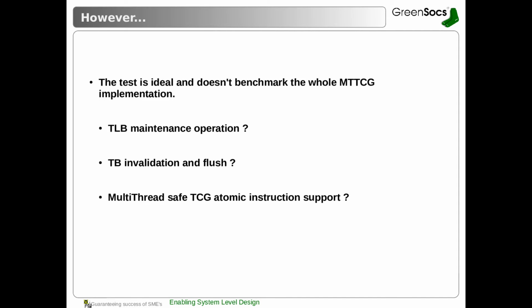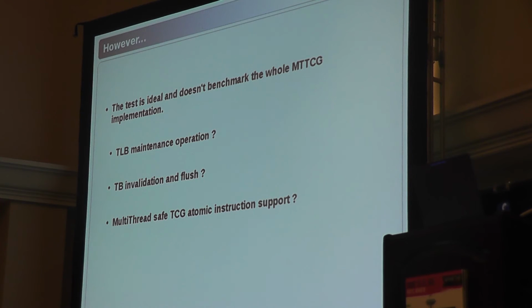However, the test is ideal and doesn't benchmark all the parts of MTTCG. For example, all the TLB maintenance operations, which are quite slow if we exit when we do that. Same for TB invalidation and TB flush.